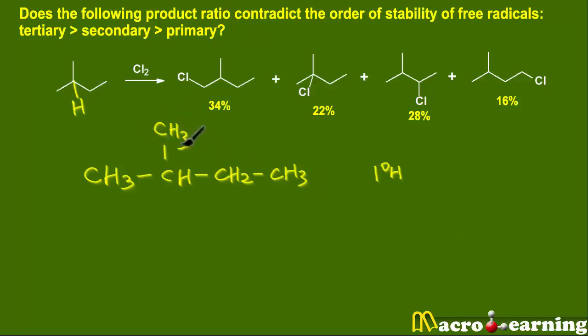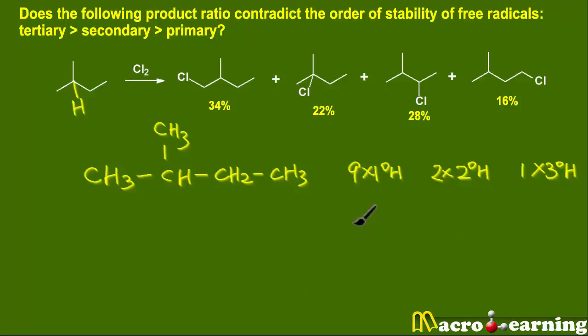There are these three, and these three, so a total of 9 of them, right? And how many secondary hydrogens? Only these 2, correct? 2 of those. And what about tertiary hydrogens? Only 1. Only 1 of them. Okay.